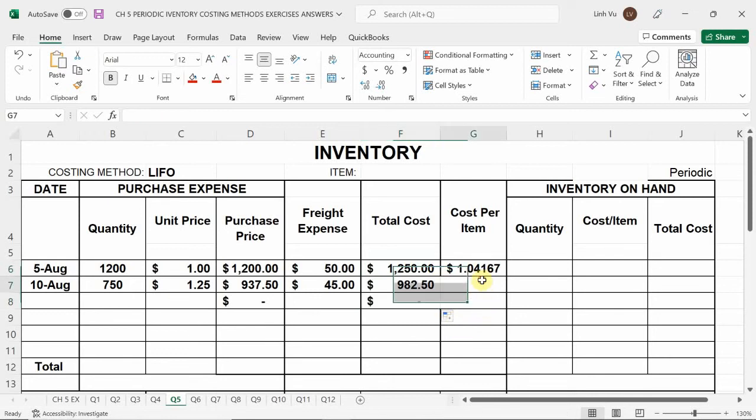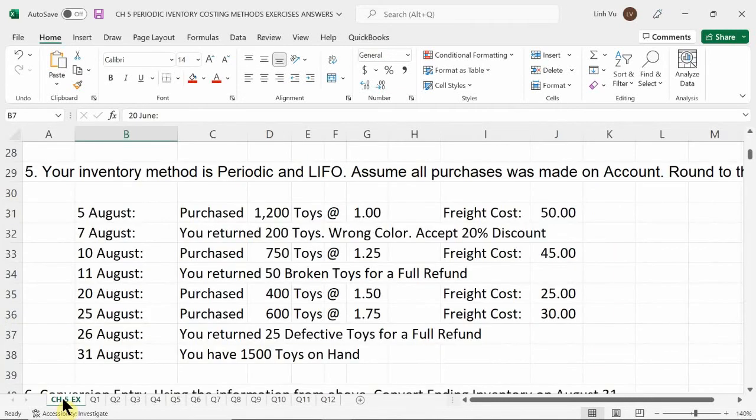Okay. So what's my cost per item now? $1.31, and this one actually went in even. All right, awesome. So let's see what happened next.